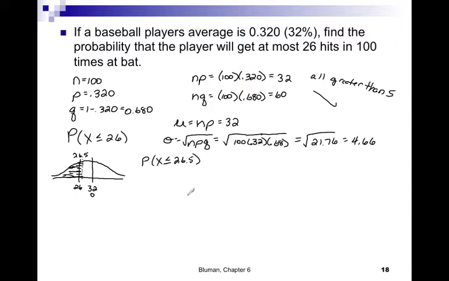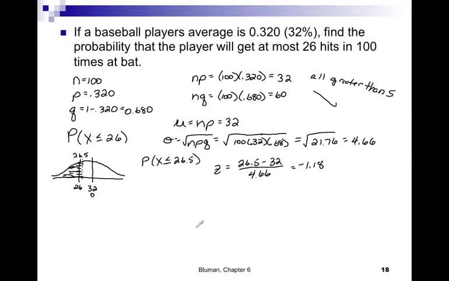Now we have to find the z value. So we have z equals 26.5 minus the mean, which is 32, all over the standard deviation, which is 4.66. And when we do that calculation, we get negative 1.18.